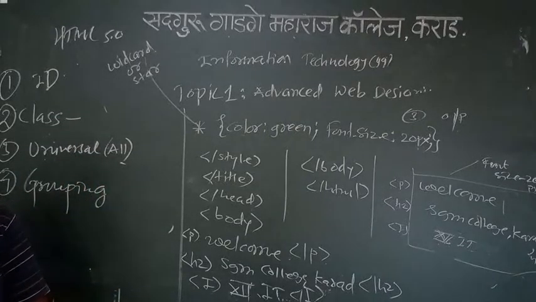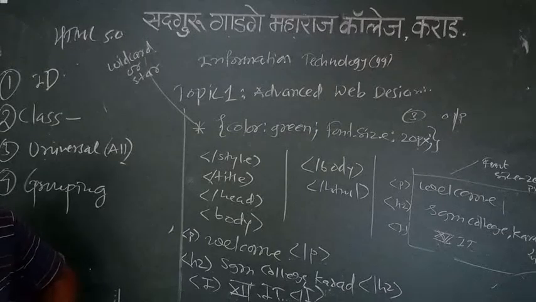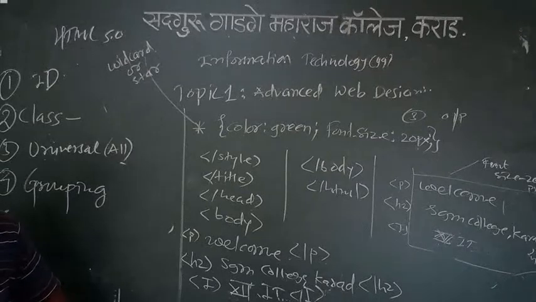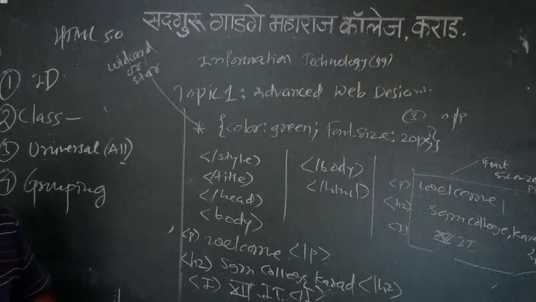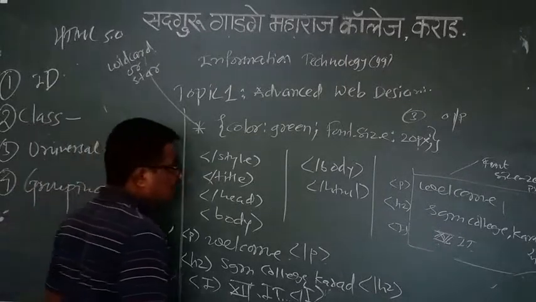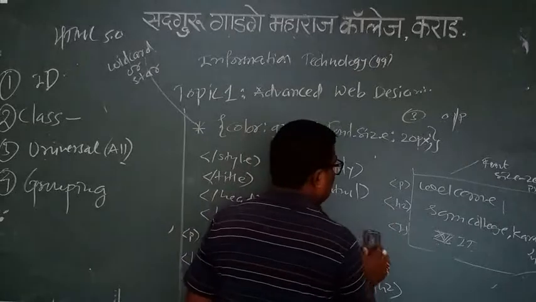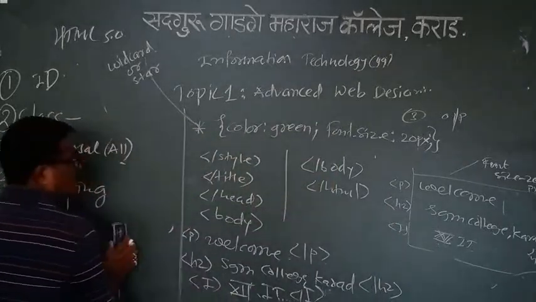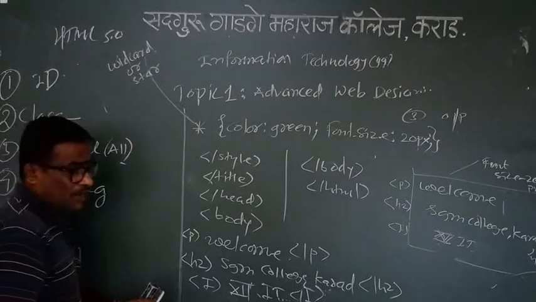Grouping selector. Grouping means here making the groups of the tag, which are separated by commas.